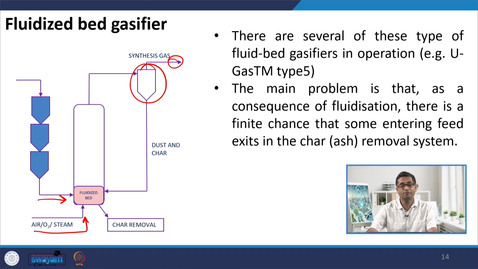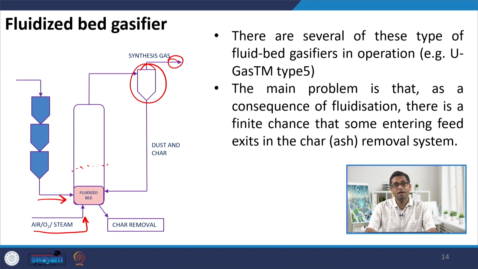Again, these kind of gasifiers might operate in two regimes, which could be the bubbling fluidized bed and the circulating fluidized bed. In the bubbling fluidized bed, the bed height is limited by the air velocity. So the bed only expands to a certain limit, and this is what is called a bubbling fluidized bed, so that the velocities of the incoming oxidant are near the minimum fluidization velocity.